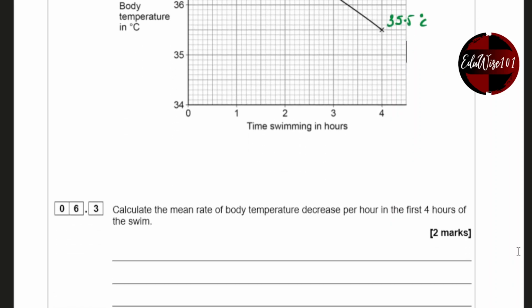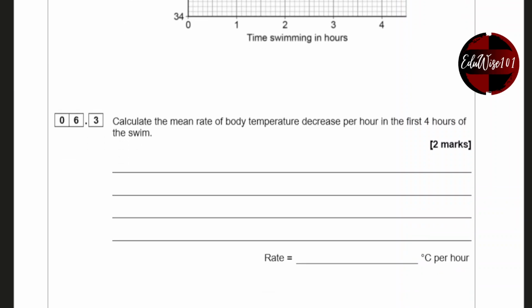Calculate the mean rate of body temperature decrease per hour in the first 4 hours of the swim. So how do you do that? Well, the starting temperature was 37. After 4 hours it was 35.5, which is a drop by 2.5 over 4 hours.